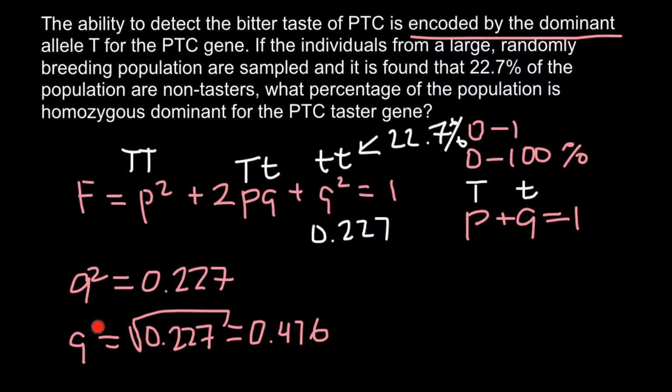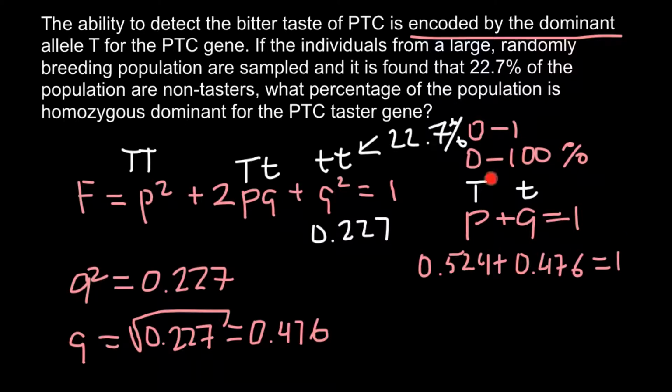If we now know the frequency of q, we can find the frequency of p. If q is 0.476, then p is 1 minus this number, or 0.524. If we add these two numbers, we get 1.